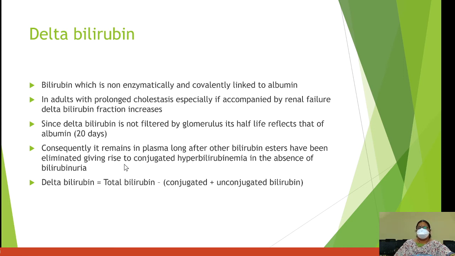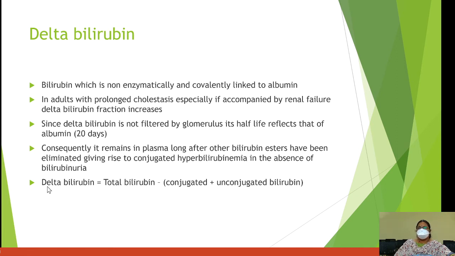So, this persistent increase in conjugated bilirubin after the jaundice has cleared, or after the bile pigments are negative in urine, and also when the enzymes have returned to the normal value, this persistence of conjugated hyperbilirubinemia indicates delta bilirubin.